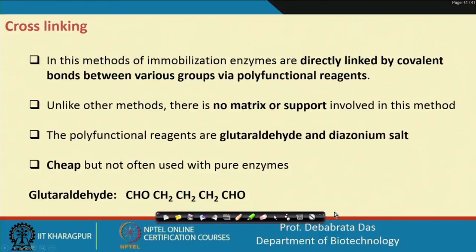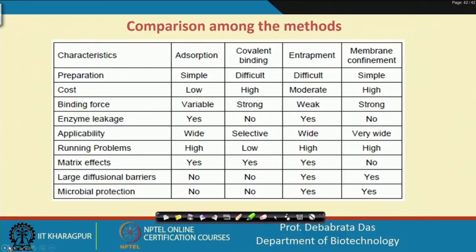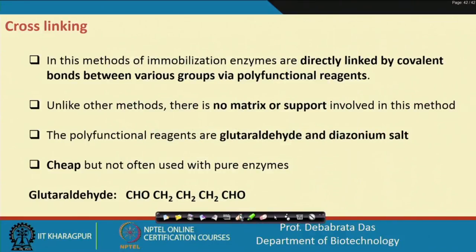Now cross-linking, I was talking about that. Suppose this is the enzyme, and this enzyme is bound with another enzyme, and this enzyme with another enzyme. This is the kind of cross-linking. Here we have the cross-linking agent, and the commonly used cross-linking agent is glutaraldehyde.